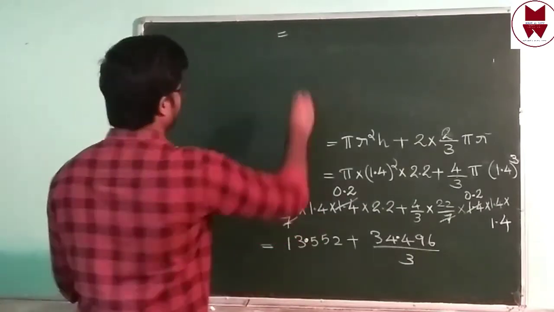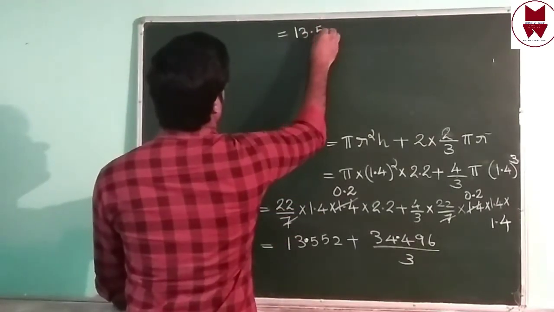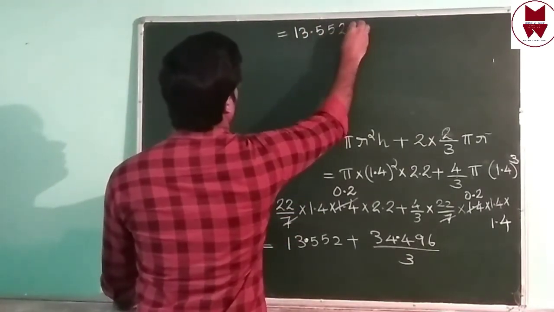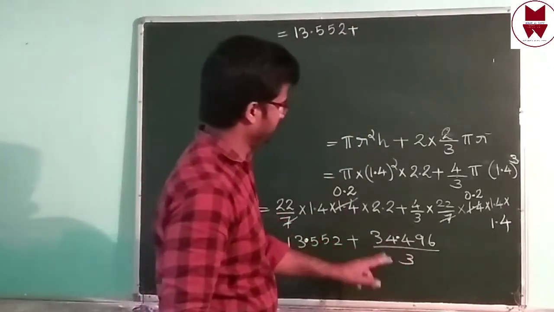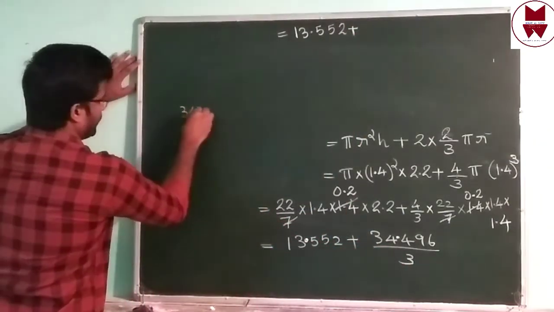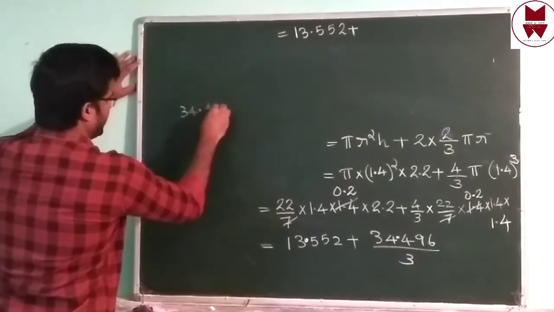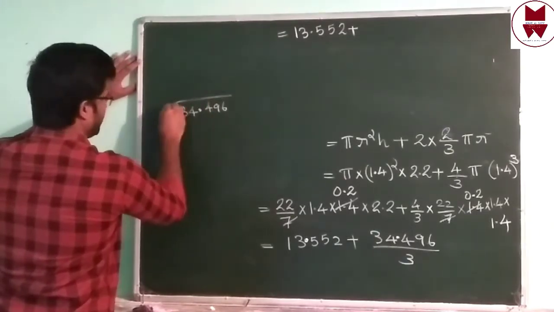Then 13.552 plus, we can divide this number, 34.496 divided by 3.